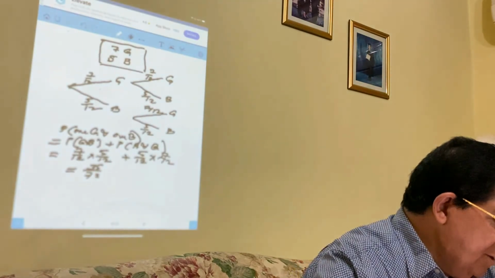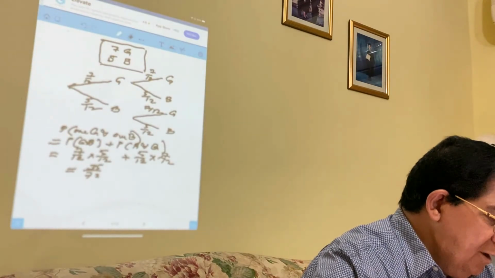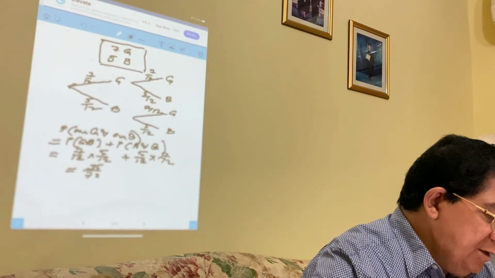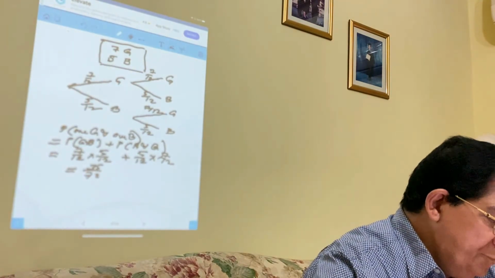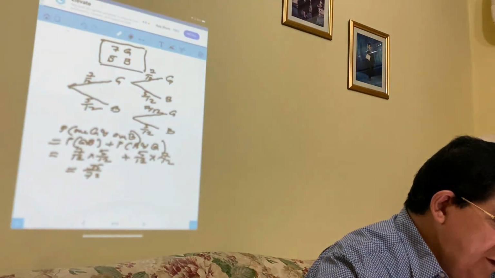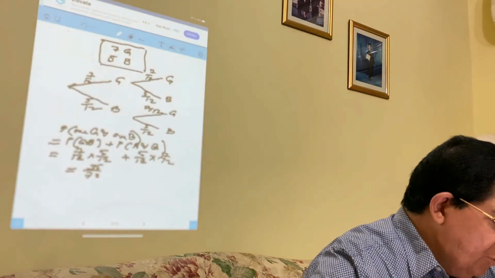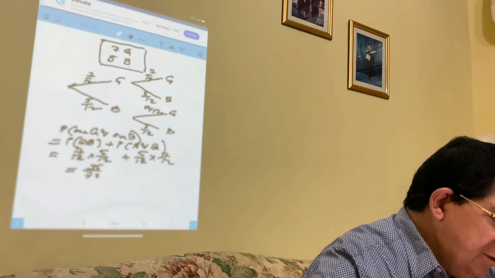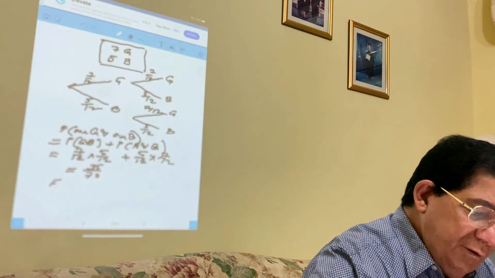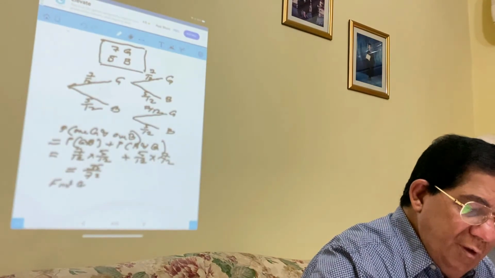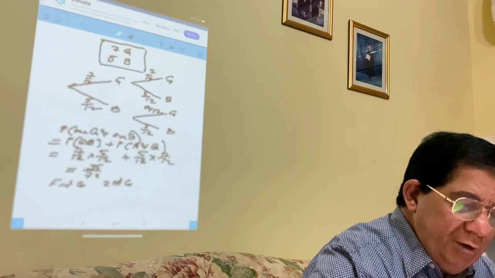Then it says here, show that the event that the first bead is green and the event that the second bead is green are independent.